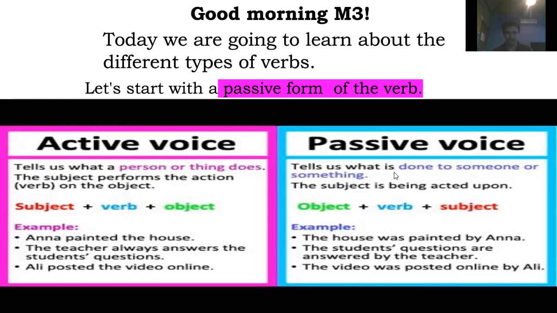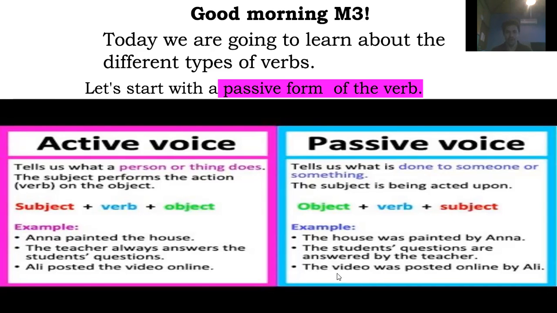I'll give you another example. The students' questions are answered by the teacher. The students' questions being the object, are answered being the verb, by the teacher being the subject. Then we have another example here.